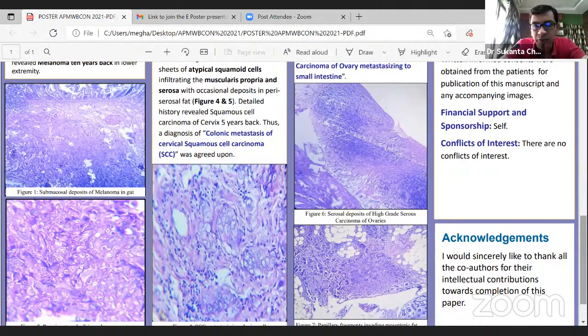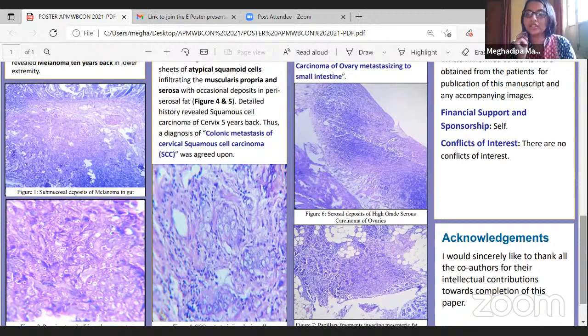Can you tell a few common IHC markers which can differentiate? Abdominal adenocarcinomas are a very broad spectrum. Many primary sites are there. Can you tell a few common IHC markers which can differentiate? CK7, CK20, we can do CK7, CK20. The different combinations of positivity and negativity can help us.